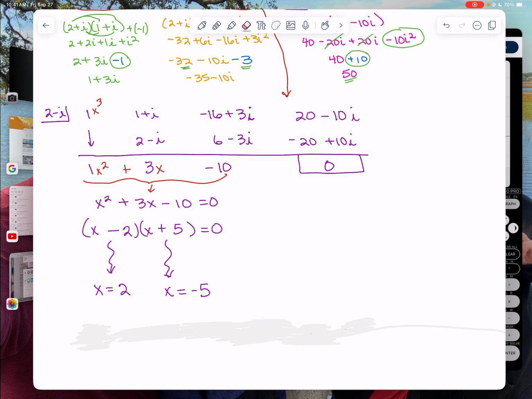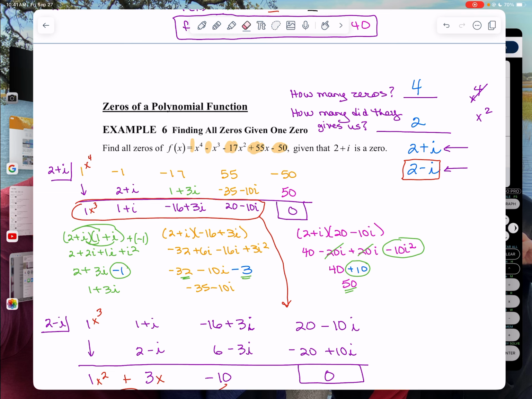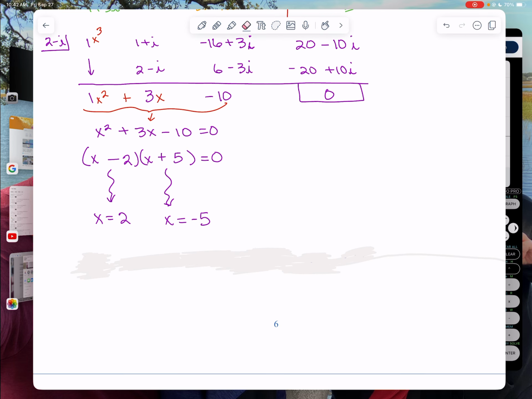So they ask us, what was the question? The question was to find all the zeros. So that means I've got to list 2 plus i and 2 minus i, as well as the two answers that I just figured out.